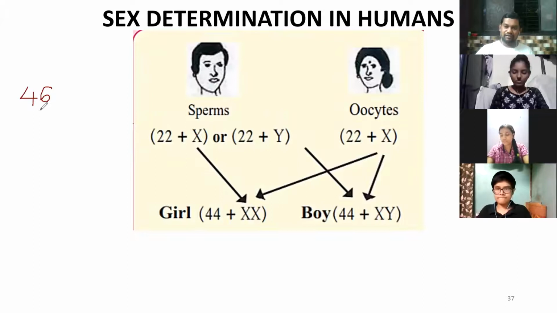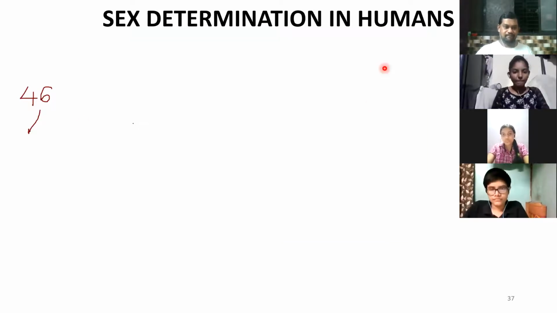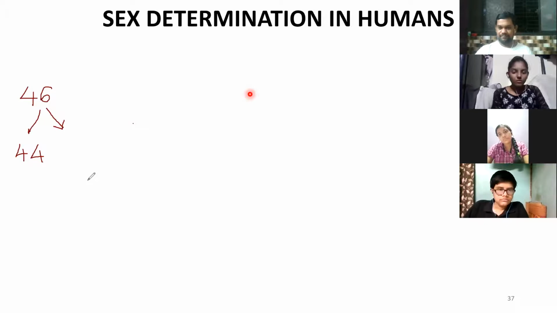Out of the 46, first pay attention to this: 44 chromosomes are known as autosomes, or the body chromosomes, or the somatic chromosomes. And the remaining 2 chromosomes are known as the allosomes, or the sex chromosomes.